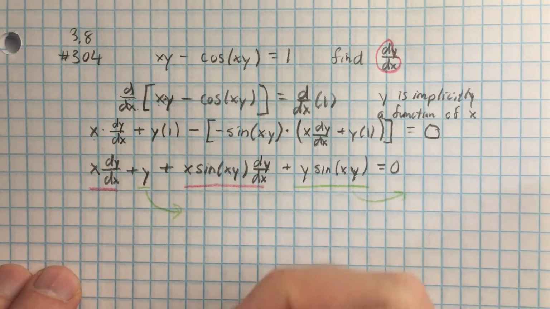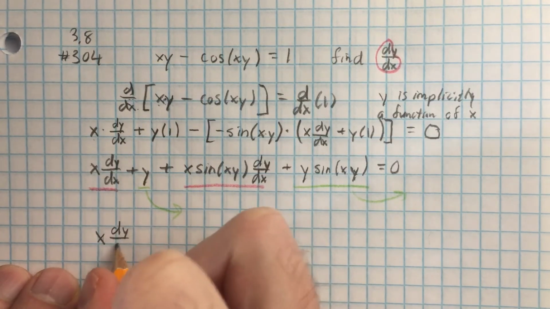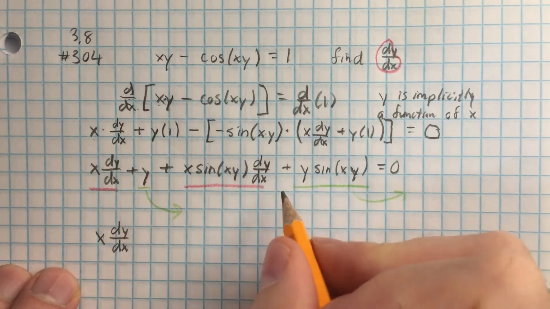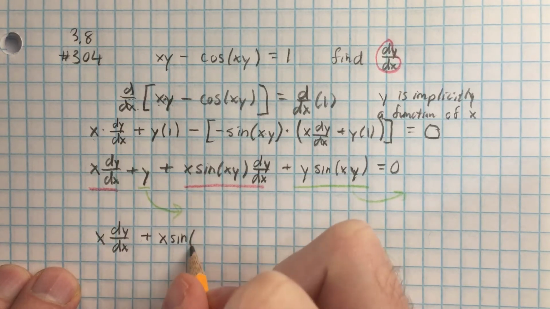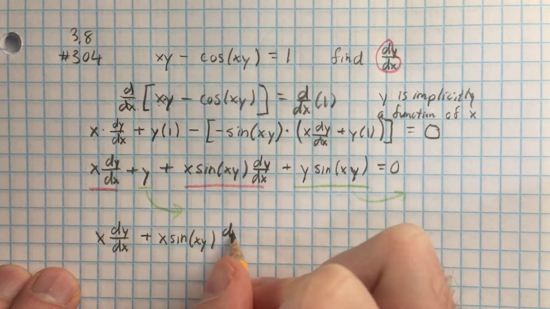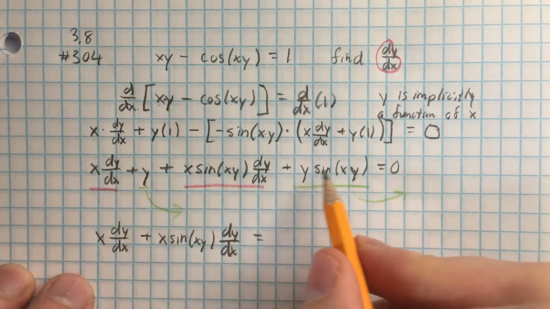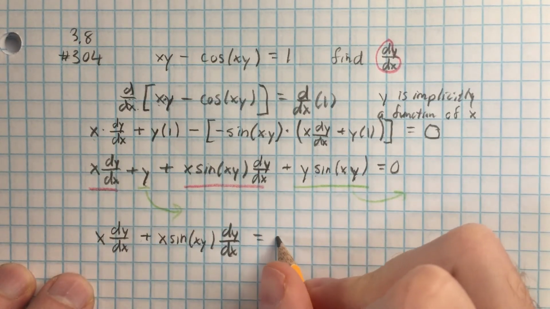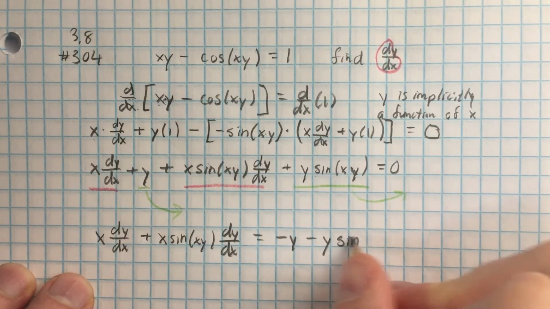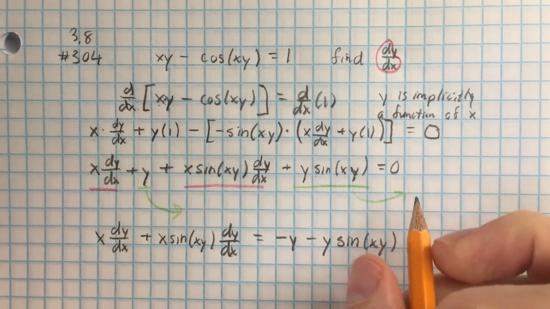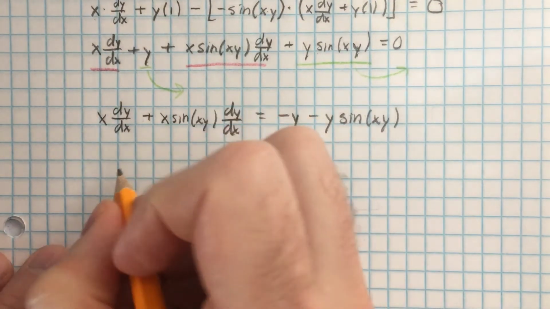So we should have something like x dy/dx plus x sine xy dy/dx equal to these two negated on the other side. So negative y minus y sine of xy.